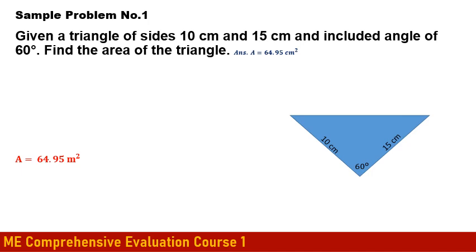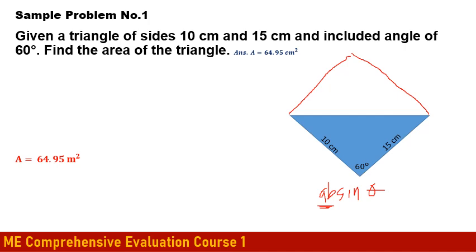If you extend it here, it will actually become a parallelogram. We know that the area of a parallelogram is AB sine theta, where A and B are two consecutive sides, say for example this 10 cm and this 15 cm, and theta is the included angle between the sides, so this is the 60 degrees.